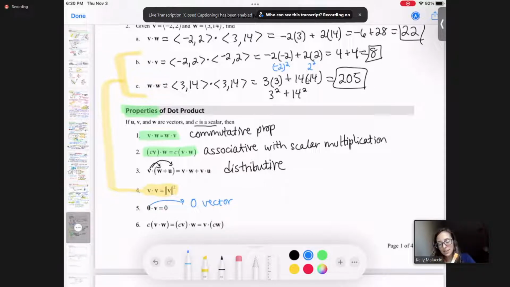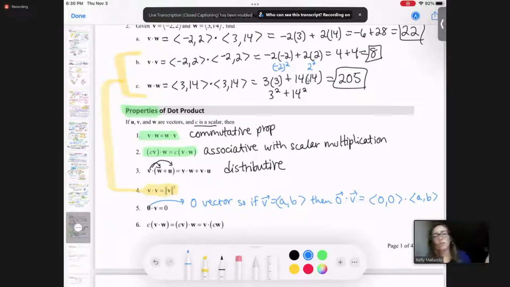So if v is a comma b, then the zero vector dot v actually equals 0, 0. There's just a 0 in place of every component. That's because 0 times everything is 0. If I add 0 a million times, it's 0, right?